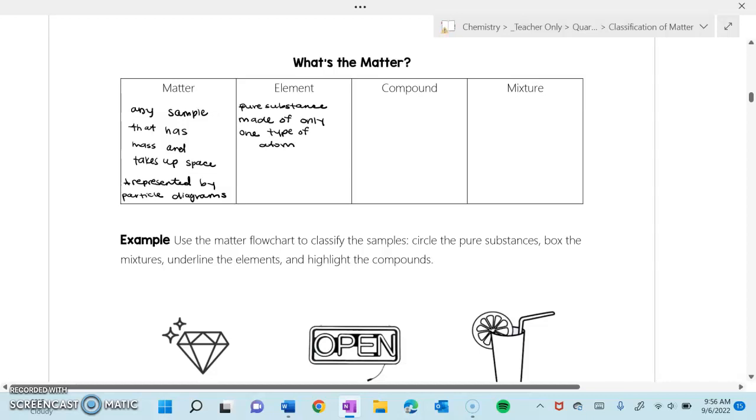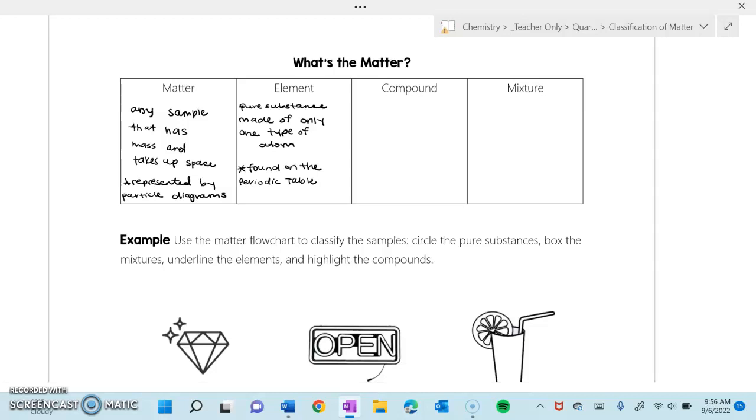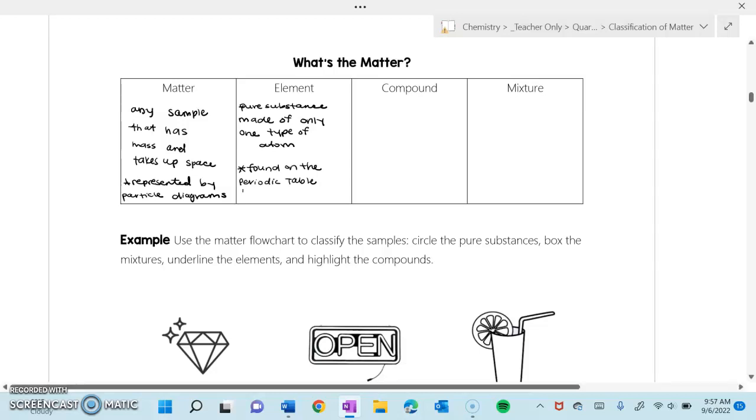They're represented by an element symbol. So you could make a note there. All of these are found on the periodic table, which we will start using here pretty soon as a reference for many things. But you will find all of the elements on the periodic table, and they will all have an element symbol.